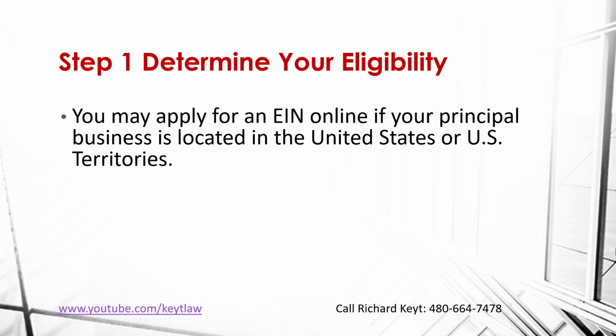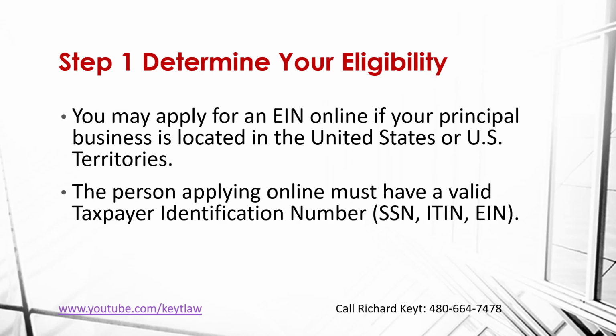You may apply for an EIN online if your principal business is located in the United States or a U.S. territory. The person applying online must have a valid taxpayer identification number. The taxpayer identification number is either a social security number for a person or an ITIN.